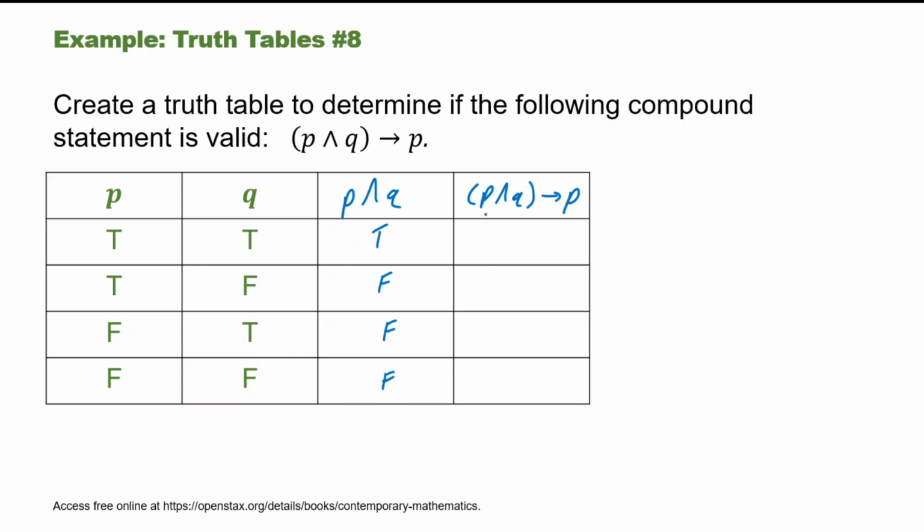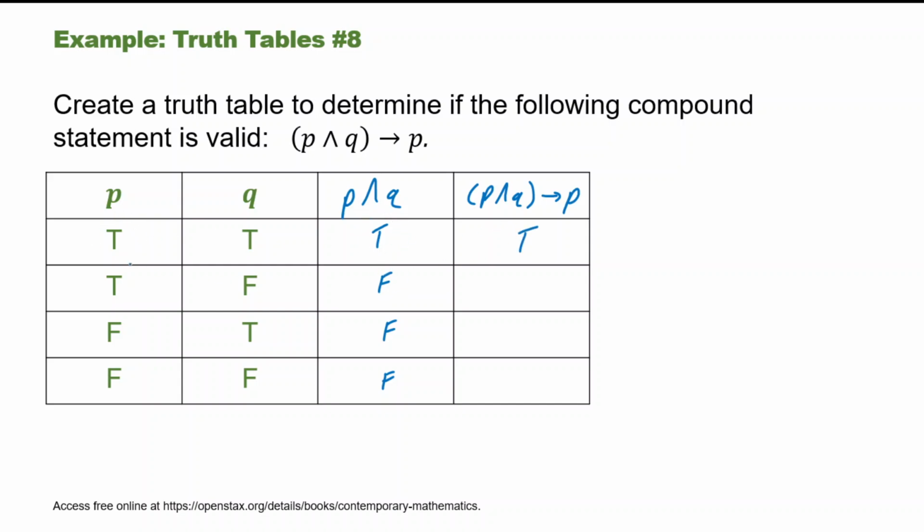For our final column, we need to compare the columns P and Q with the column labeled P. And in this case, the premise is P and Q. That's important. So when my premise is true, but my conclusion is false, then the conditional is false. Otherwise, it is true. So the first one I have, if true, then true, which is true.